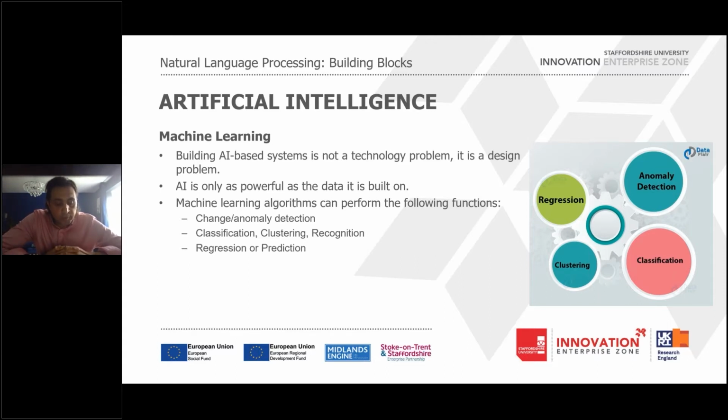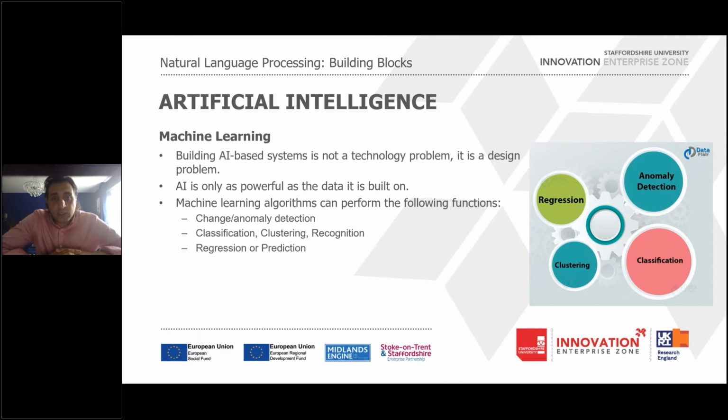Most of you who will be willing to build a natural language processing solution might not be data analysts or experts in machine learning, and you don't have to be, because you have all the tools, building blocks, and platforms which allow you to build such a solution without being an expert in machine learning. So nowadays it's mainly a design problem: how to design a good solution for the problem you are tackling.